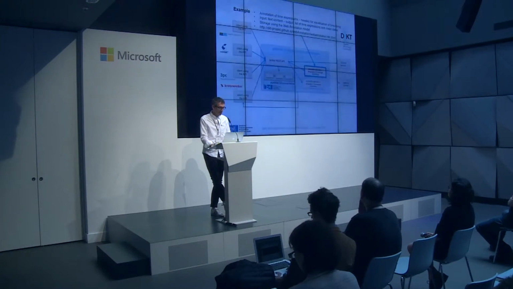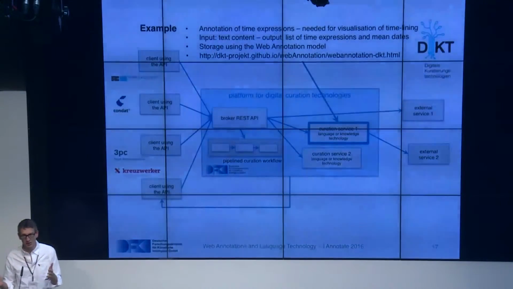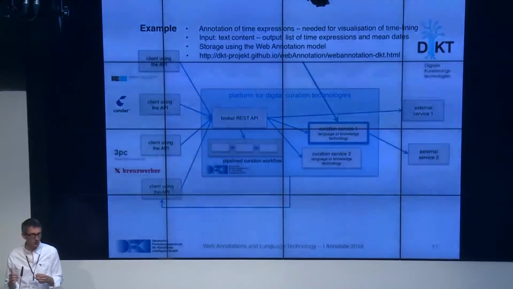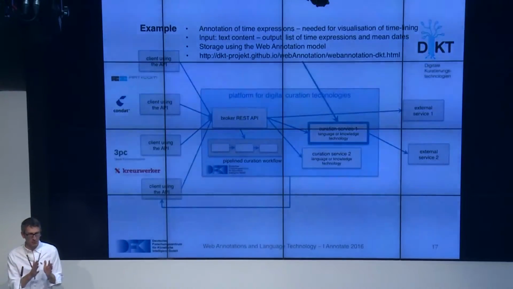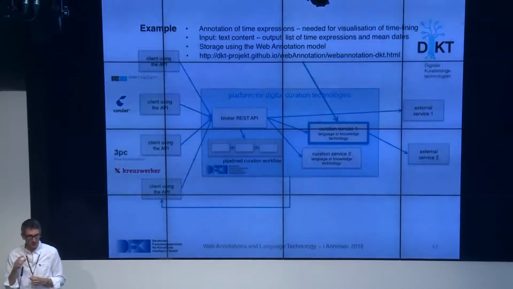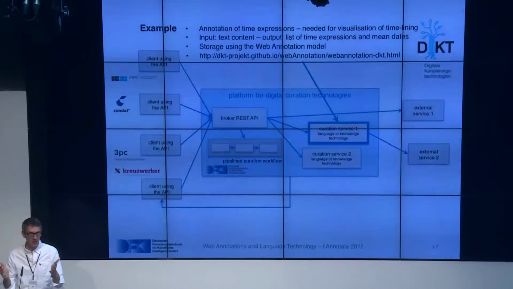So one example, if we have the fairly generic use case in which we have a very big document collection, we throw it into the machine, and we want to extract all the time expressions. For example, to provide a visual timeline of the documents, of this huge document collection. Think Panama Papers, for example. You have, I don't know, a million documents, you throw them in, and you want to have some kind of structure or order.